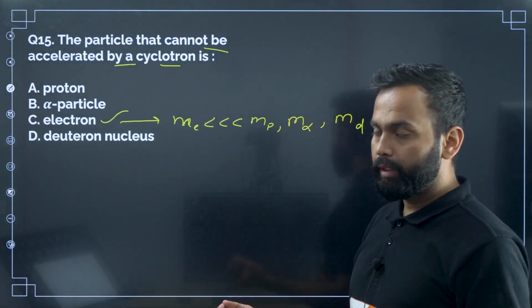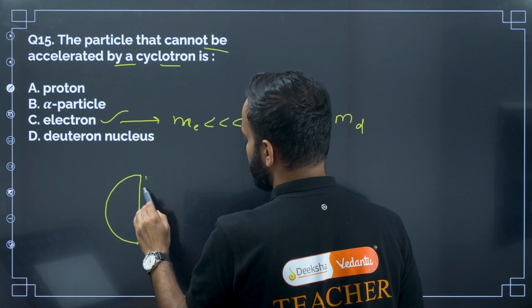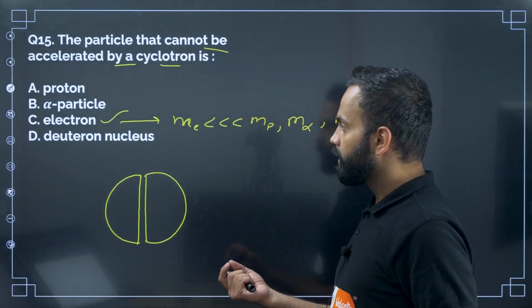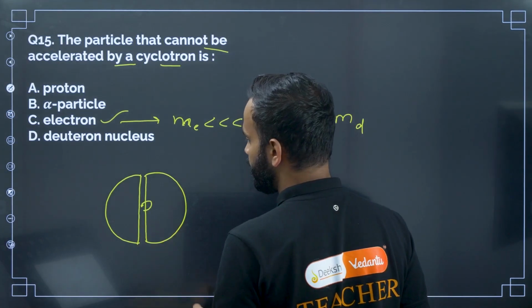So if you put the electron in the cyclotron with the minimum amount of energy, the electron gets accelerated, isn't it?